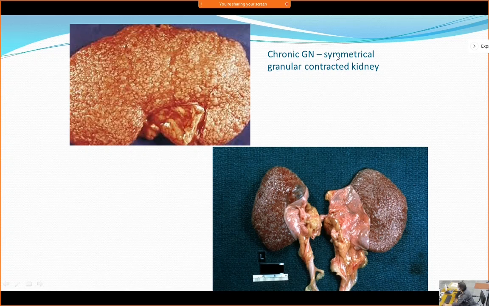Remember these words because in chronic pyelonephritis, it is asymmetrical. Chronic glomerulonephritis means the primary disease is from the glomerulus. In chronic pyelonephritis, the primary disease is within the tubules, so you get huge scars on the cortex of the kidney and it is asymmetrical. That's why this word is very important.